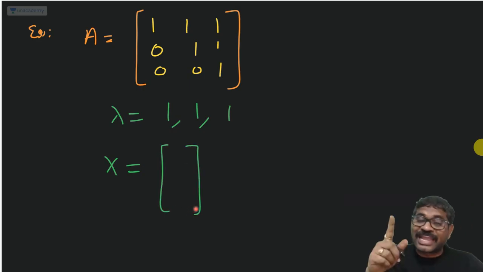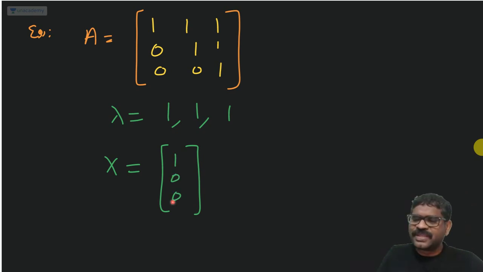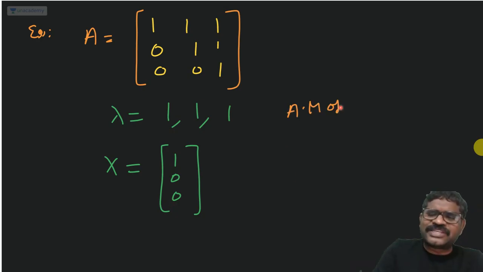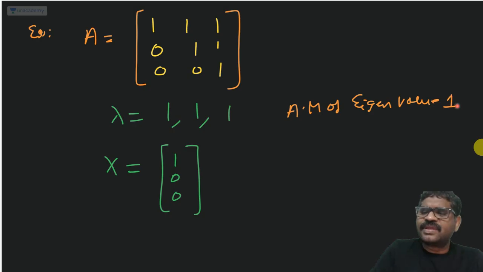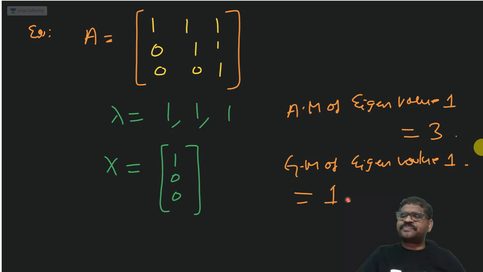Only one independent eigenvector, 1, 0, 0. Now, what is the algebraic multiplicity of eigenvalue 1? 3. What is the geometric multiplicity of eigenvalue 1? 1. Understood?